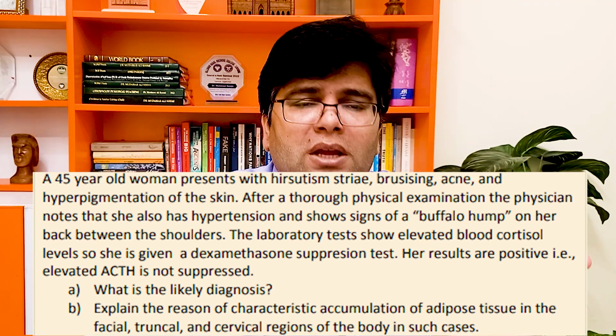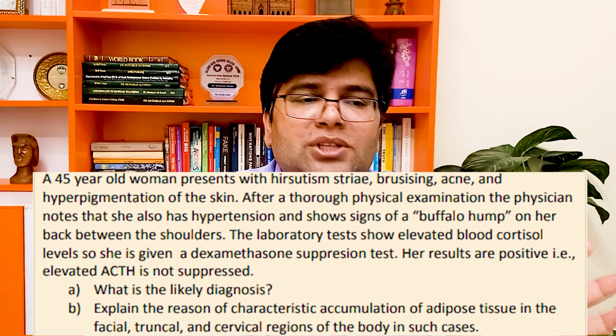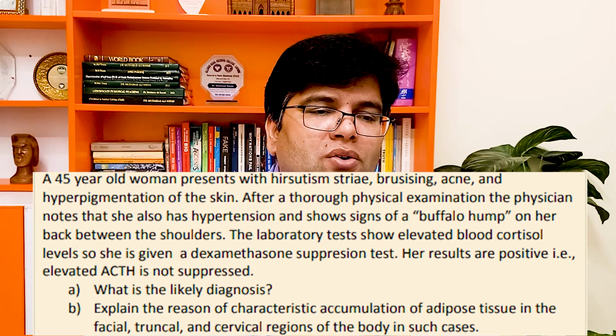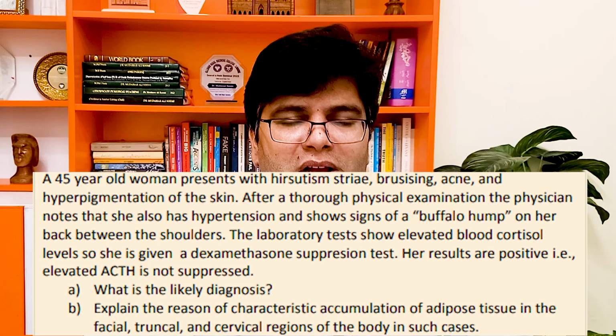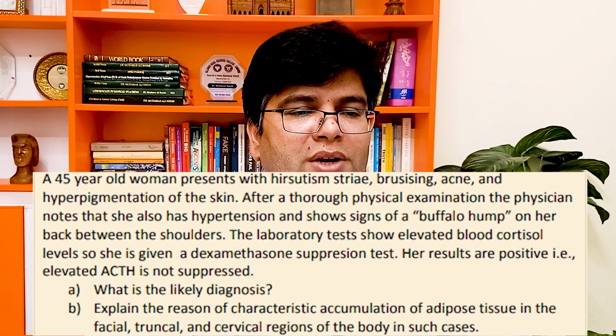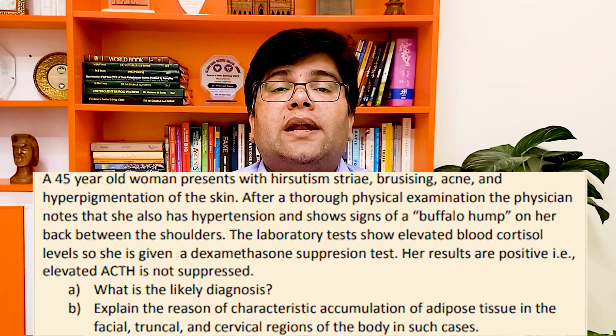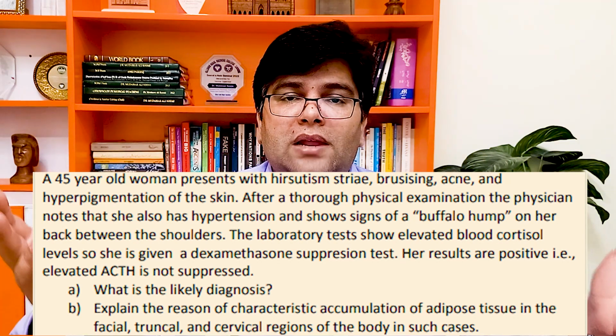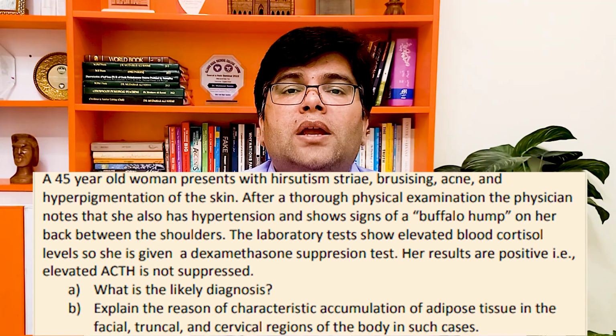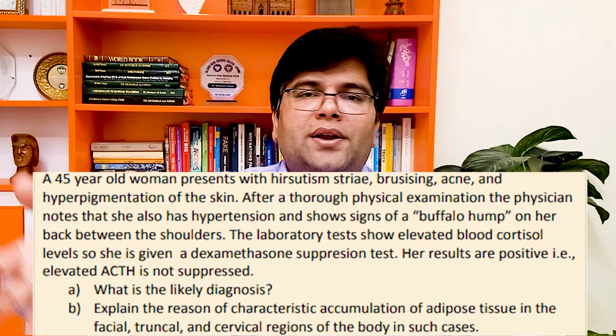All these features suggest that this is Cushing syndrome. So the diagnosis is Cushing syndrome. Explain the reason for characteristic accumulation of adipose tissue in the facial, truncal, and cervical region of the body in such cases. So the answer is that the cortisol hormone, when chronically elevated, as in Cushing syndrome, shifts our metabolism from carbohydrate to lipids.